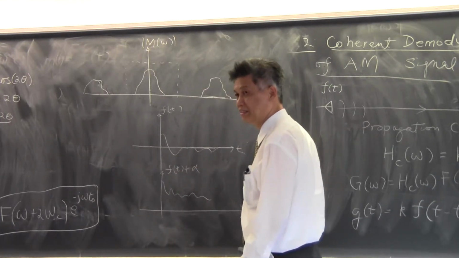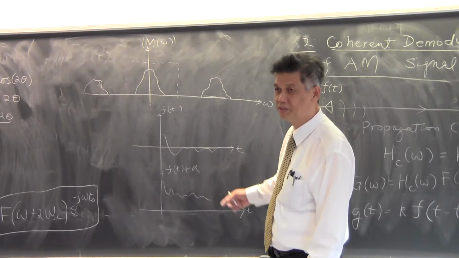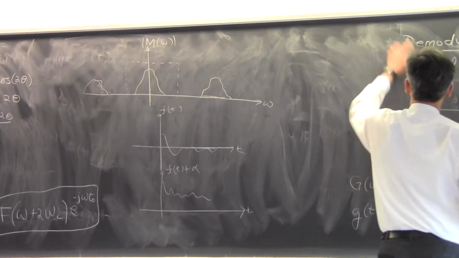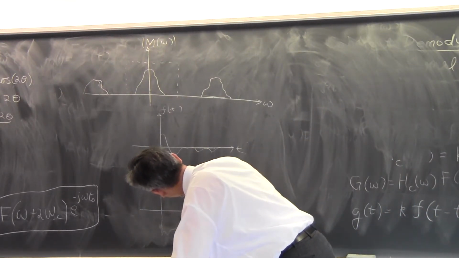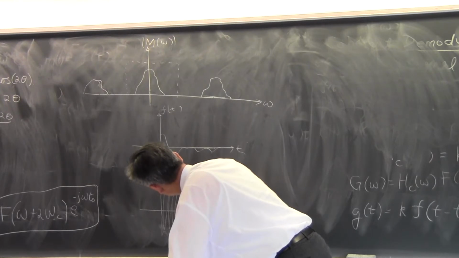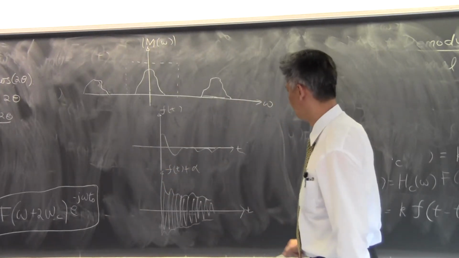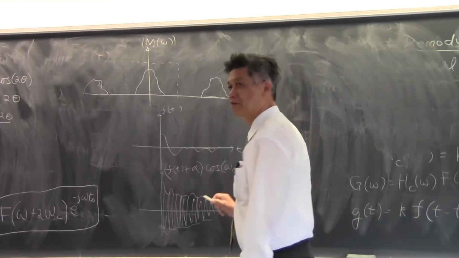And then you use this voice signal with a platform to modulate the carrier. If you do modulation with this signal, then the carrier will look something like this. So the transmitted signal will look something like that.